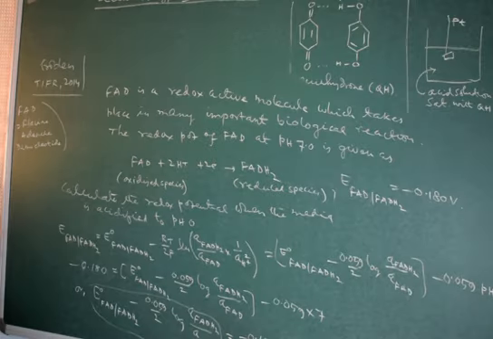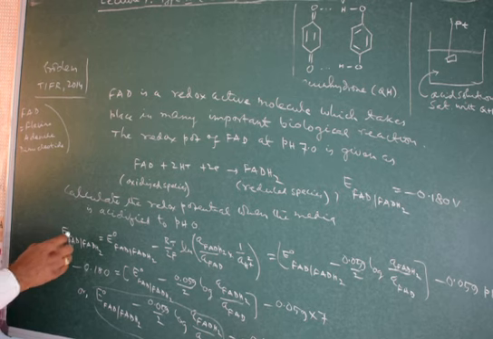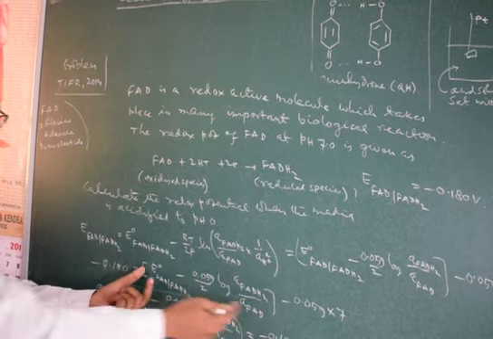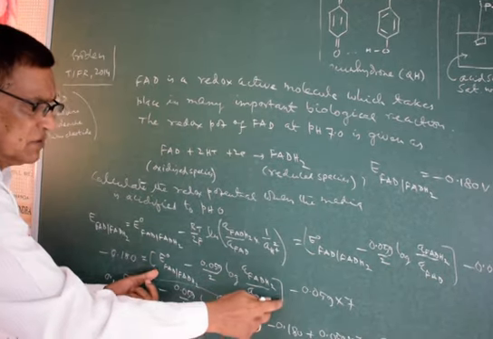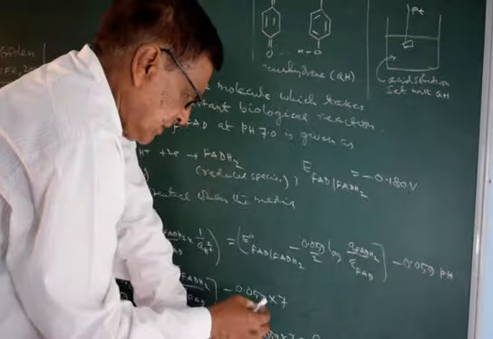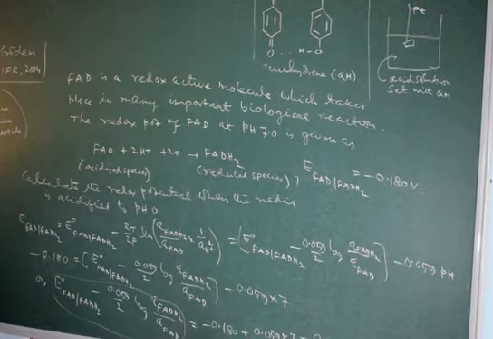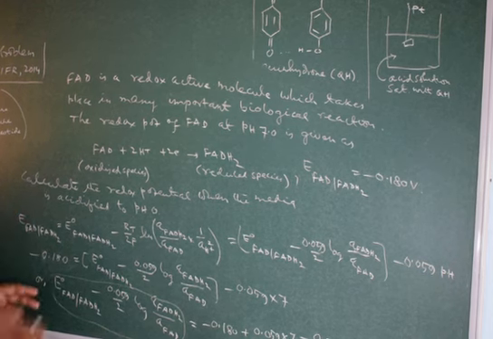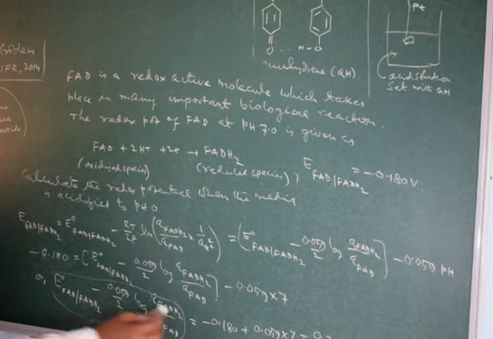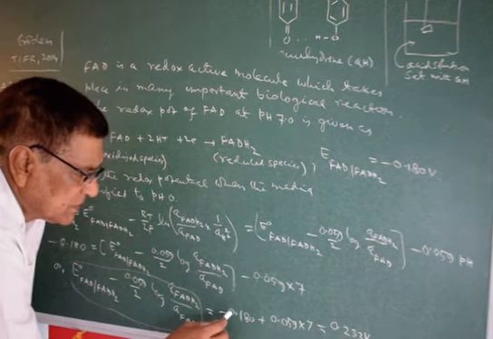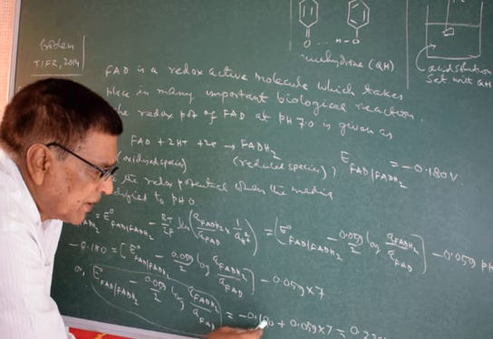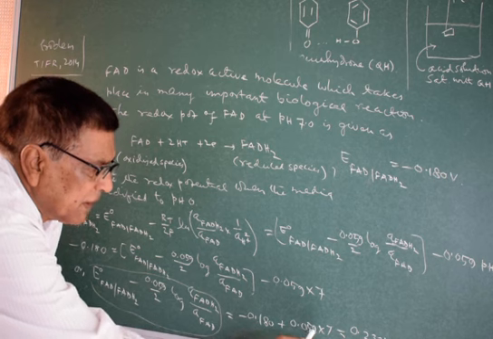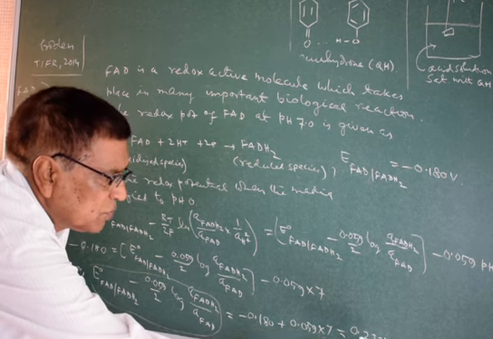When this bracketed term is given as minus 0.180, and pH equals 7, then at pH 7 this potential is minus 0.180. So the term within this bracket is equal to minus 0.180 plus 0.059 into 7, which equals 0.2334.